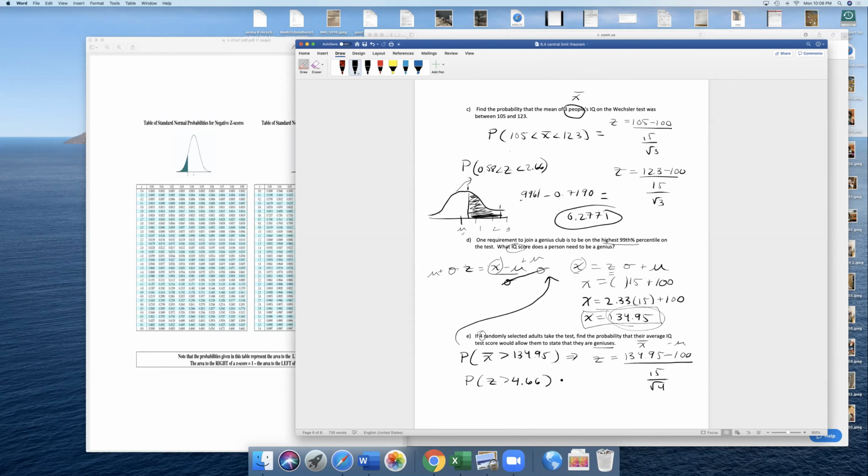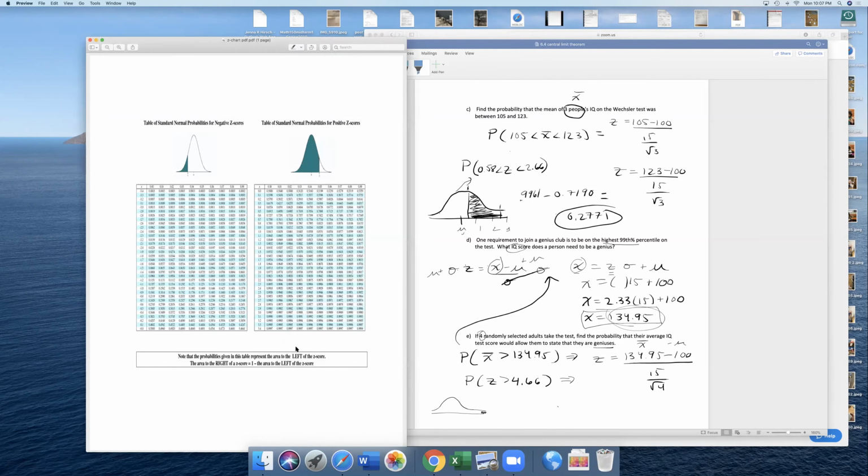So let's actually associate this with the probability. If we were to shade this, the probability that Z is greater than 4.66 is this teeny tiny little sliver, 4.66 standard deviations from the mean. When we check this on the chart, it goes up to 3.49.